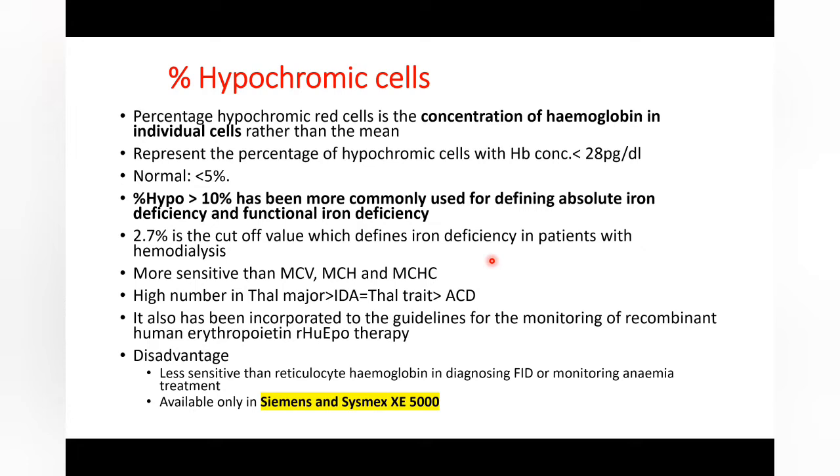The disadvantage is that it is a poorer parameter than reticulocyte hemoglobin in picking up functional iron deficiency or monitoring the anemia treatment, because it will only identify the concentration of hemoglobin in an individual cell, and this parameter is only available in Siemens and Sysmex.